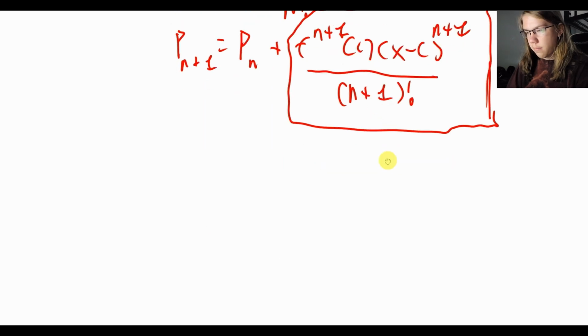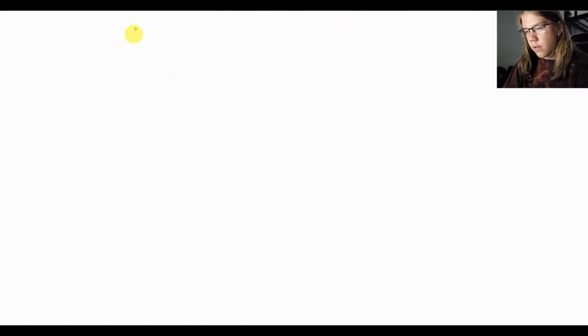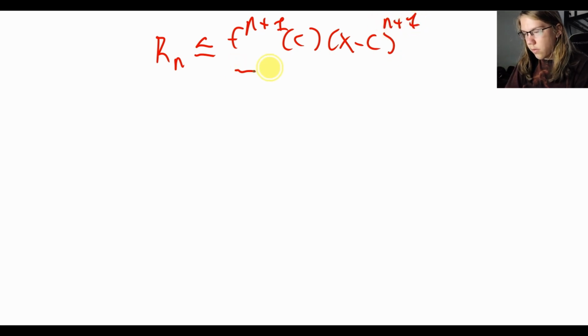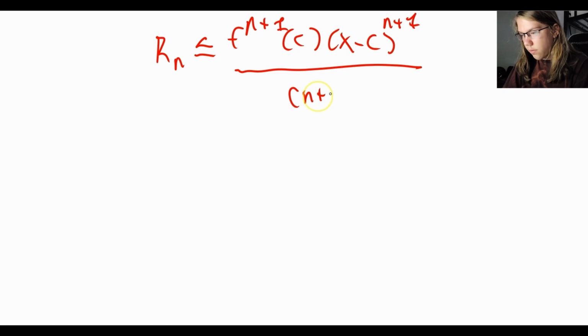So we can say that r sub n is less than or equal to the n plus 1th derivative of f at c times x minus c to the n plus 1 over n plus 1 factorial. And that is the maximum possible value of that.